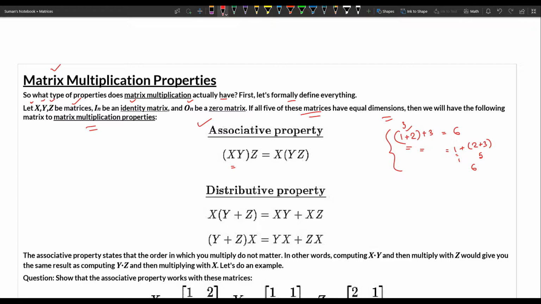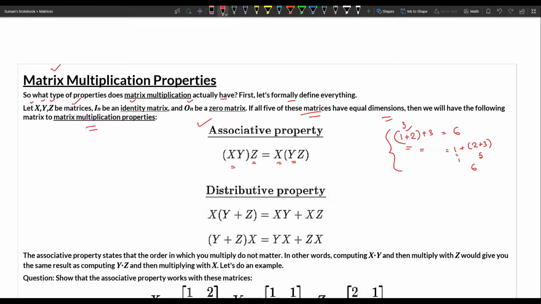If we multiply the first two matrices at first, then multiply by Z, that gives the same result as multiplying Y and Z at first, and then X with the resultant matrix of the Y and Z multiplication.